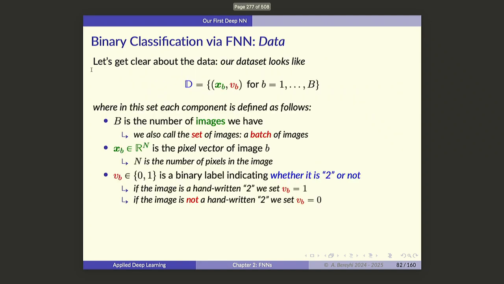So this was our data set, if you remember. This x is basically your pixel vector, including all those 28 by 28 image pixels. And then y was a binary label, meaning that it's either 1 or 0. It's 1 when we have a handwritten 2, and 0 if it's something else.